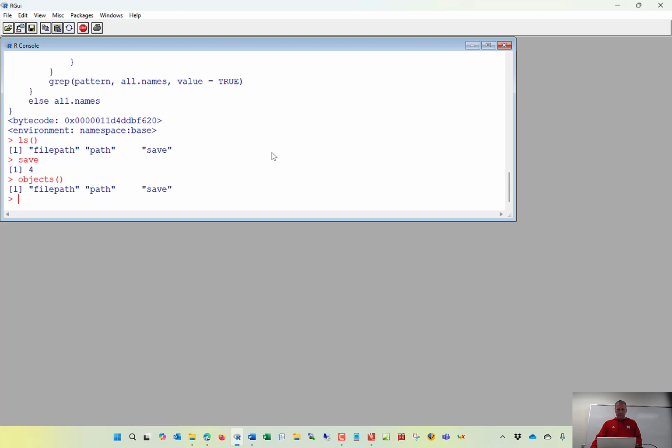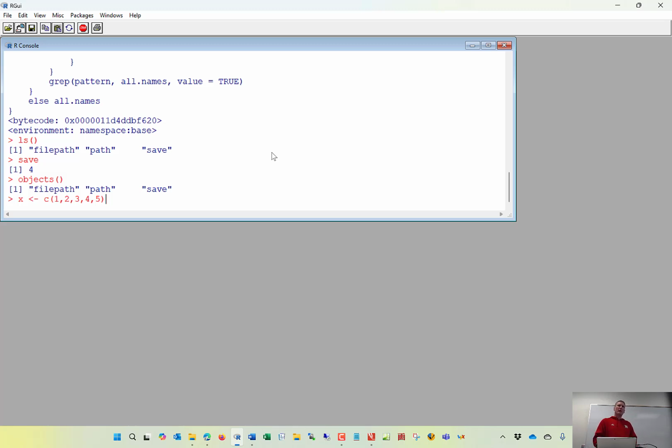So to do that, I want to create an object. I'm going to call it X for the lack of a better name, that has some data in it. And let's just say it's simply 1, 2, 3, 4, 5. There are more sophisticated ways to have data in R, but this is a place to begin.